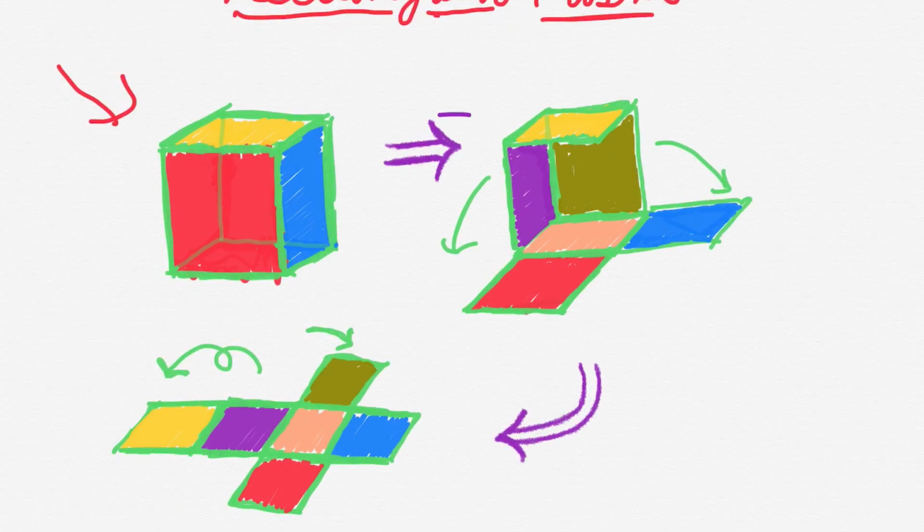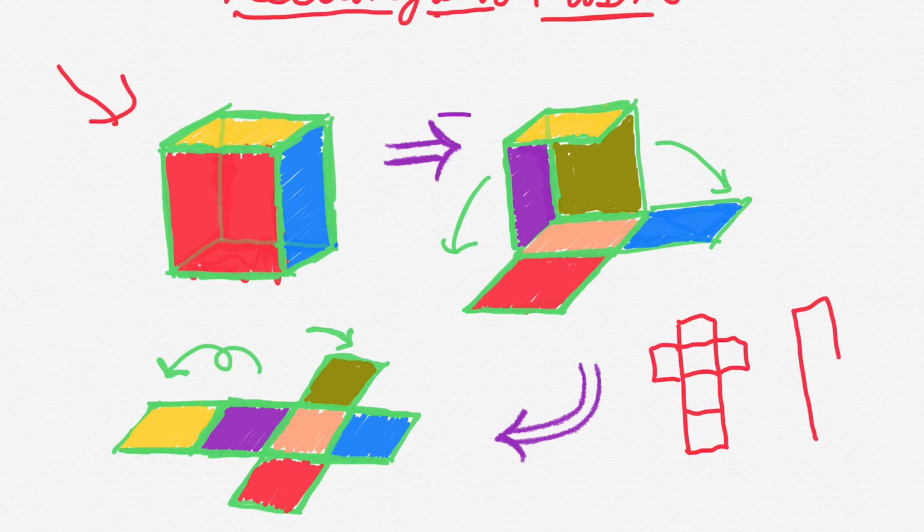So we might have a few different nets. A few that I can think of is the one that we have right here. So this would be a net right here. We've got 4 squares on that side and then 2 sticking out. But there's also a whole bunch of different versions of nets depending on how you unfold it.